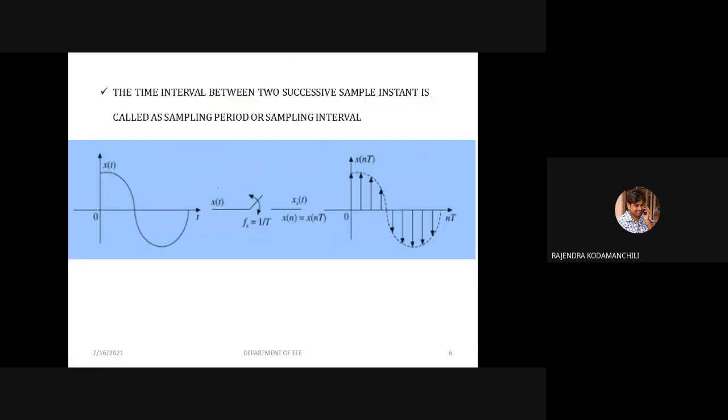Here we provide any continuous time signal, and it is connected to the switch. The switch is turned on based upon the availability of input. For example, the input is available from 0 to 100, so the switch is turned on from 0 to 100.